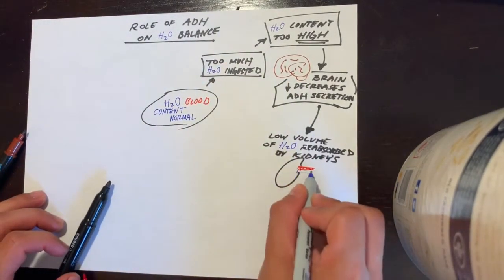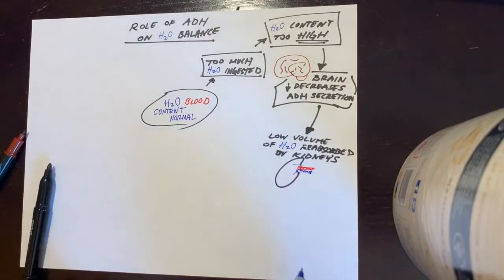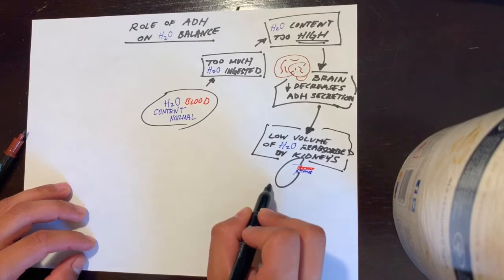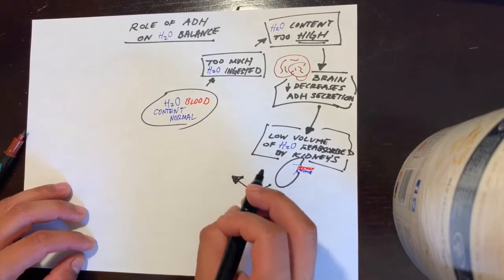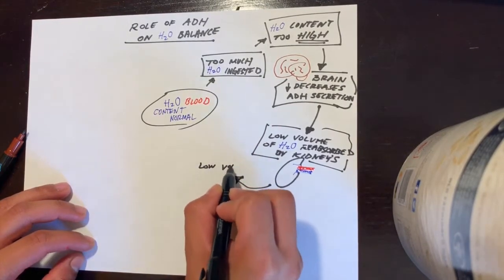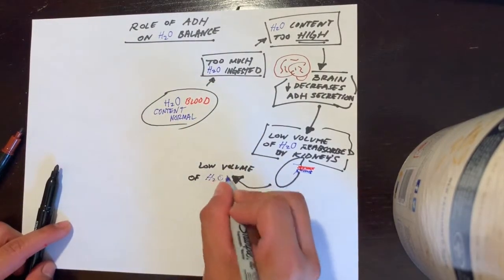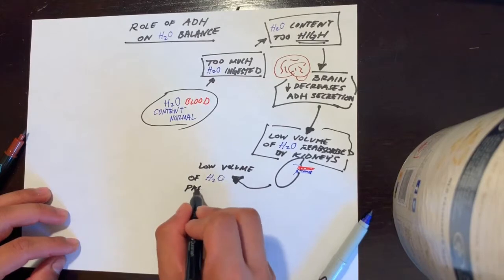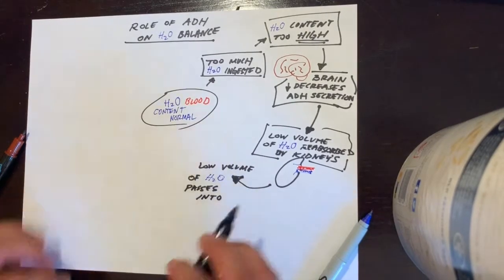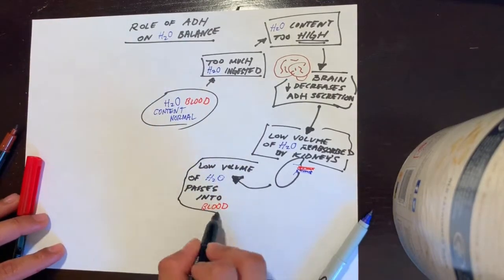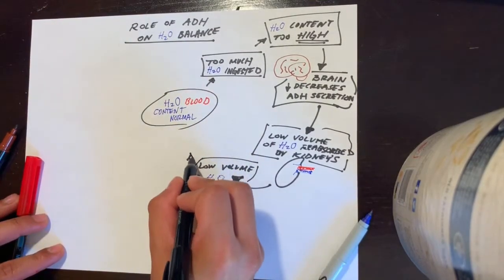That's a picture of our kidney there. After this, we notice a low volume of water which passes back into the blood. And this water blood concentration returns to normal.